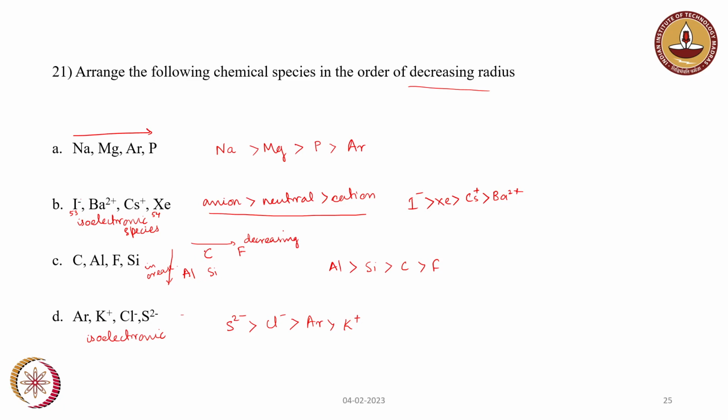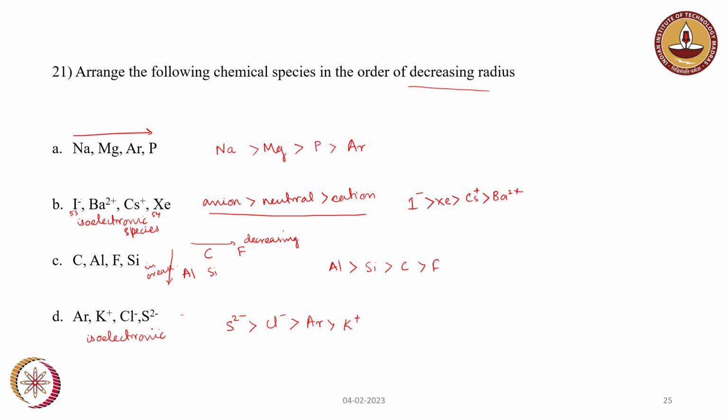And when we move down a group, atomic size increases, and when we move along a period, the size decreases. So from here we can see that since aluminum and silicon are in the period down, so aluminum will be having larger radius compared to silicon, and carbon will be having larger radius compared to fluorine. And in the fourth case, argon, K plus, Cl minus, and S2 minus.